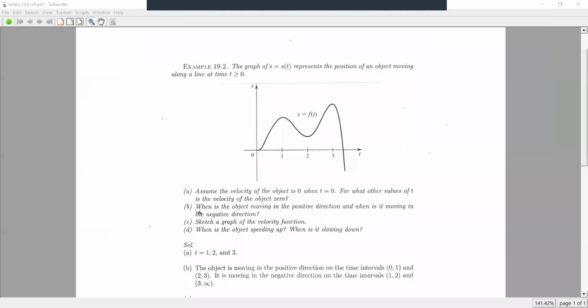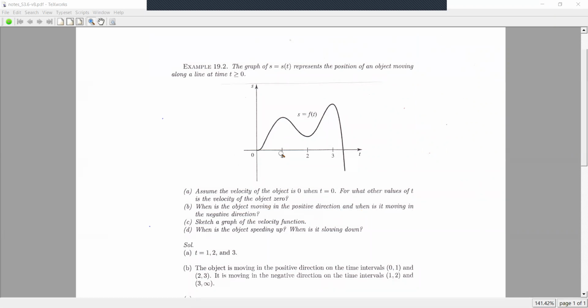Part B. When is the object moving in the positive direction, and when is it moving in the negative direction? Between 0 and 1, all the tangent lines have positive slopes. So between 0 and 1, the object is moving in the positive direction.